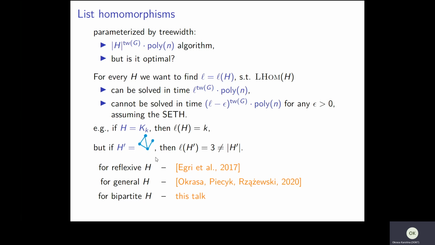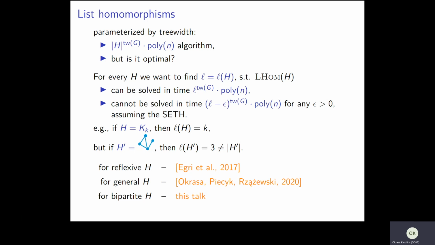It's probably interesting to mention here that for the non-list version of the homomorphism problem, when we have an H which is not reflexive, but it contains only one loop, then it is not only polynomial, as we saw before, but simply trivial, as we can just map every vertex of G to this one fixed vertex with a loop, and this is a homomorphism.